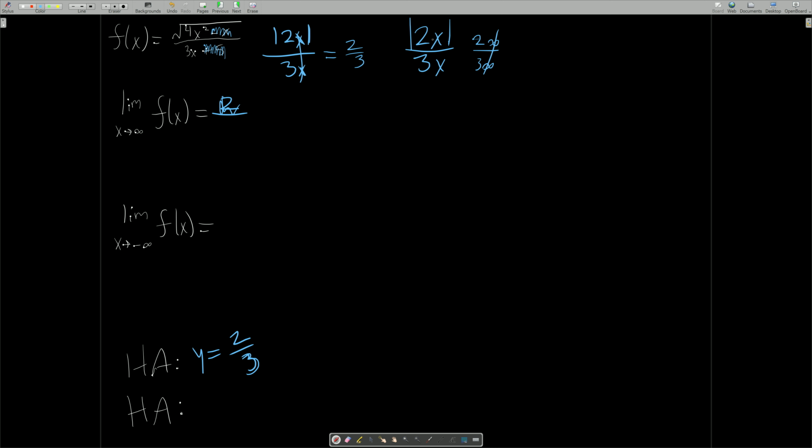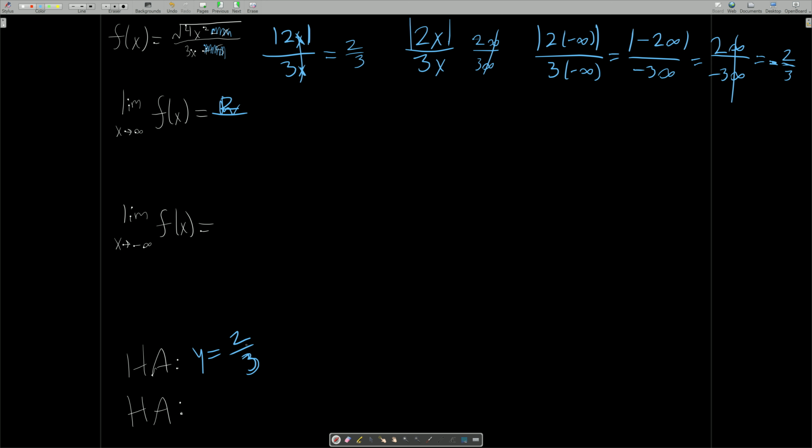But if you plug in negative infinity to here, since this is the absolute value of 2x, you have absolute value of negative 2 infinity over negative 3 infinity. And basically what absolute value does is it makes all numbers positive. So you have 2 infinity over negative 3 infinity. So now you have negative 2/3.